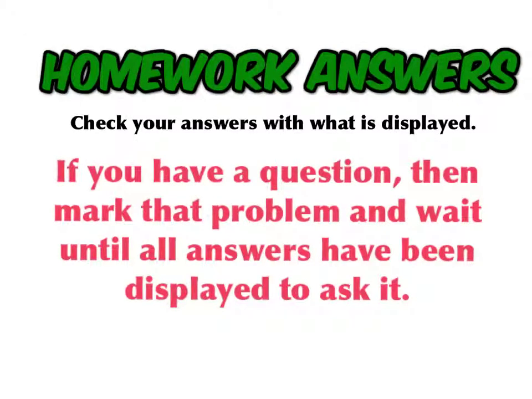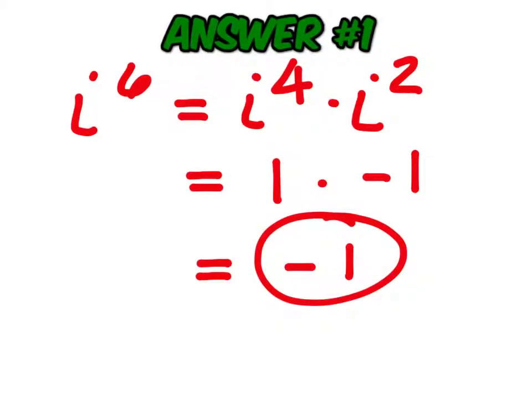Homework answers. I'm going to show you the screen like this. There's the answer to number 1 circled. Put a check mark beside the problems that you got right. And at the end, we'll add them up. You don't lose any points for missing anything, because once you turn in your homework, you get 50 out of 50 if you did all the work. And this is just 1 extra credit point per right answer.